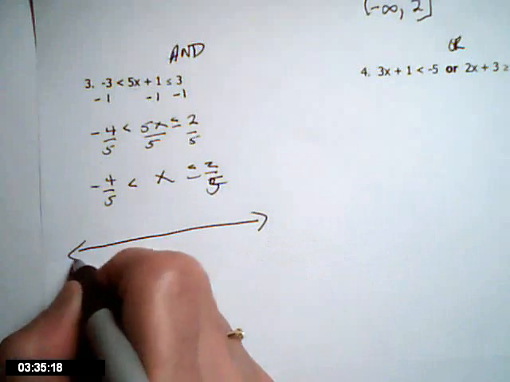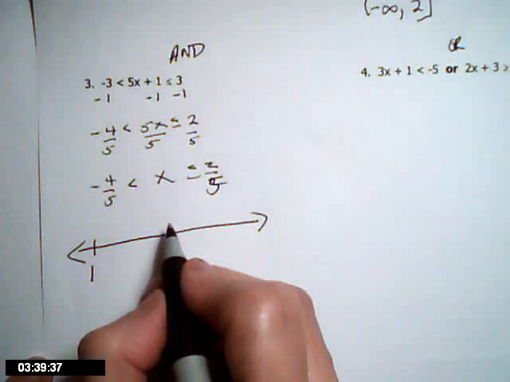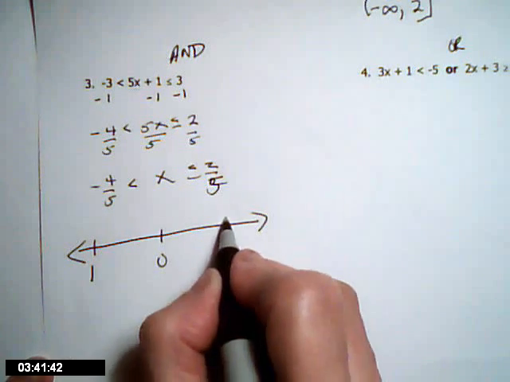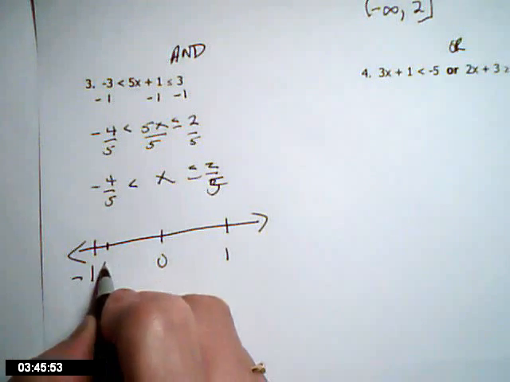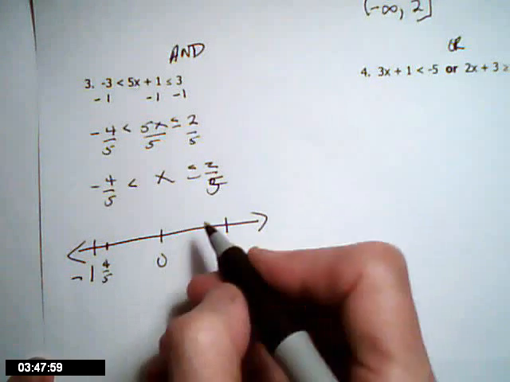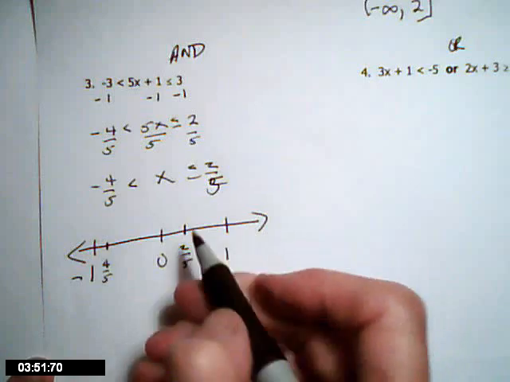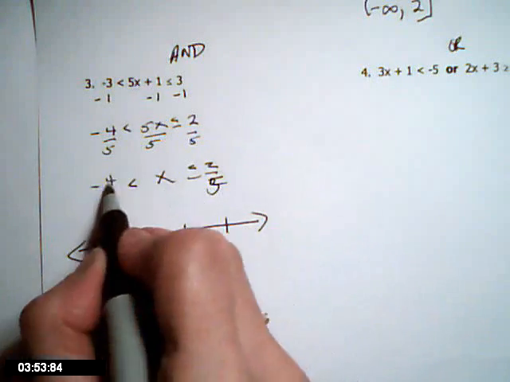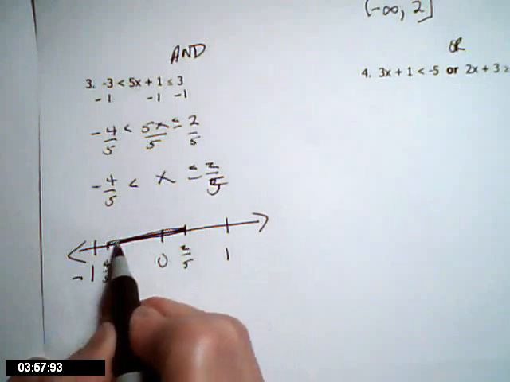If I drew that on a number line, I might have a negative 1, let's say a 0, and a positive 1. Well, negative 4 fifths would be before you get to negative 1. 2 fifths would be just above 0. And this is saying that my x's, my answers, are between those two. So I'm going to shade between.